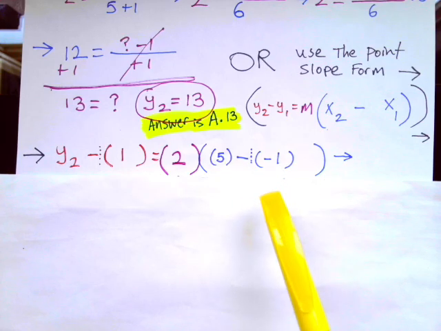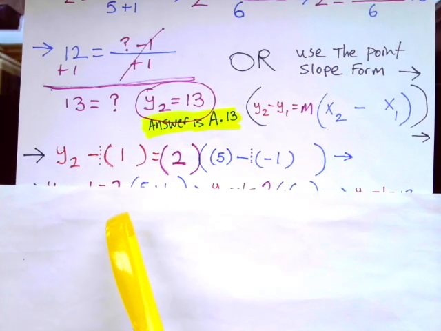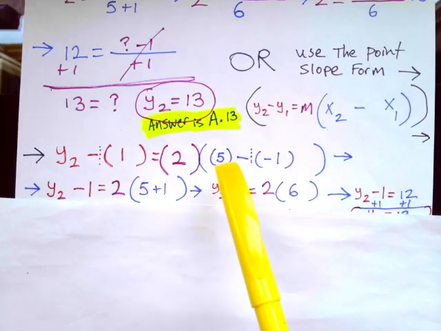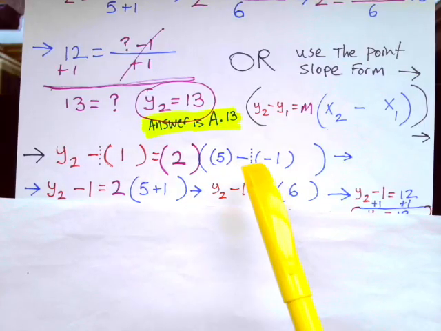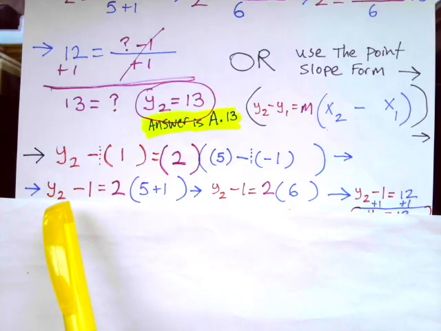So now I'm just going to simplify. Negative 1 times 1 is a negative 1, excuse me. Negative 1 times a negative 1 is a positive 1. That's all I've done. And I've rewritten the 5, rewritten the 2, rewritten the y2, and the negative 1.